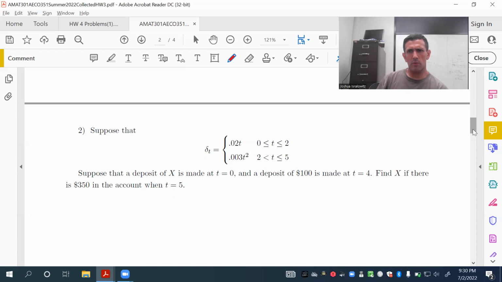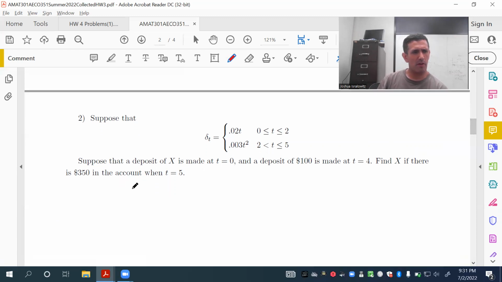So let's say A of T is the amount after T years from the X deposit. So A of 5, remember this is from the X deposit, made at T equals 0. So it's X, A0, the initial deposit, e to the integral 0 to 5 of delta T dt.